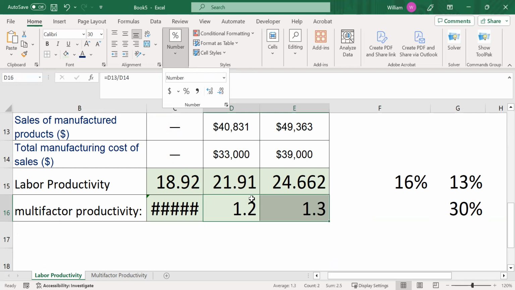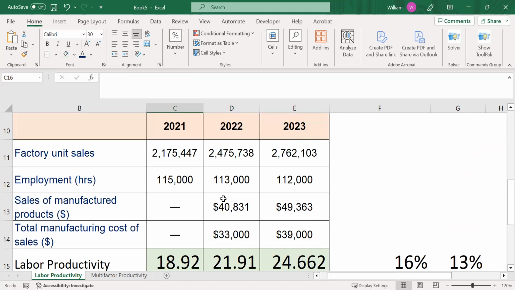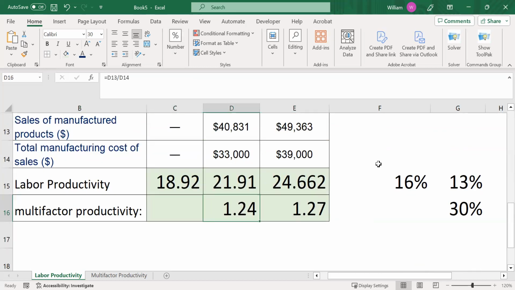Looking at these two numbers here, let me leave this with 2 decimal points. You can tell that between 2022 and 2023, our multi-factor productivity metric went up, which is what we want to see, right? We're becoming better at what we're doing, and that is something that we want to see.